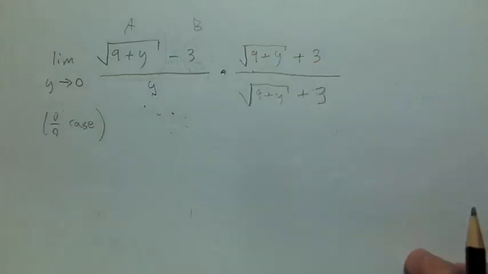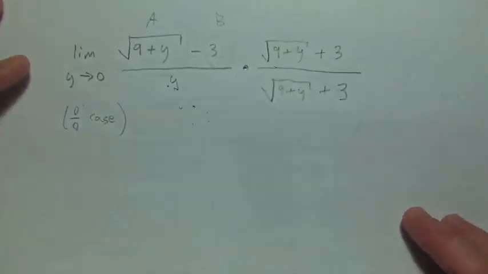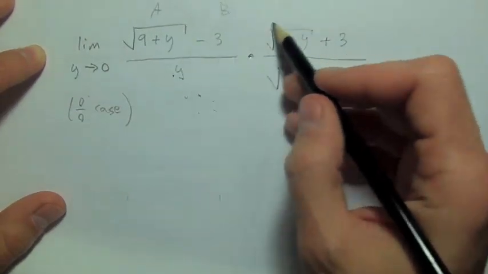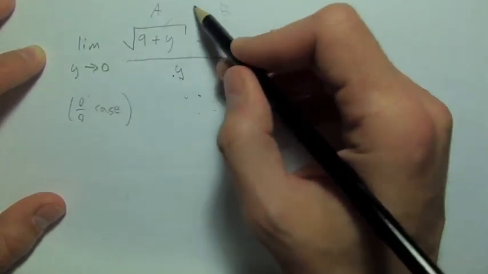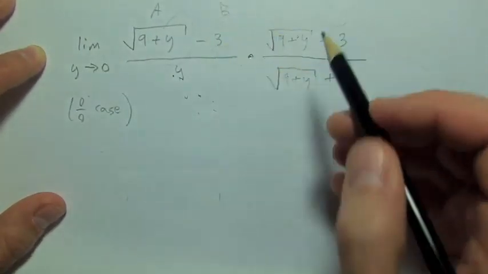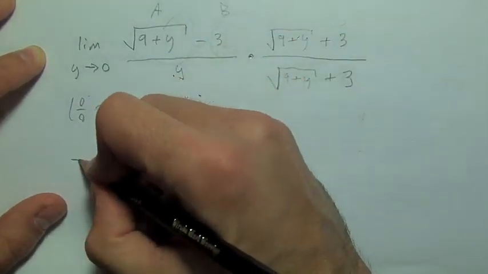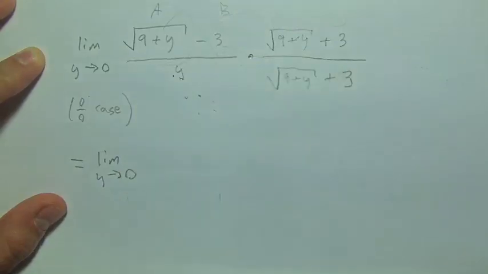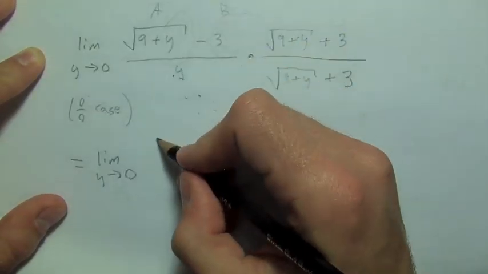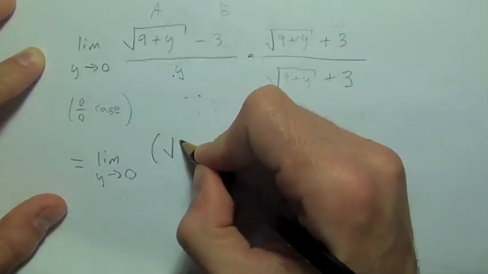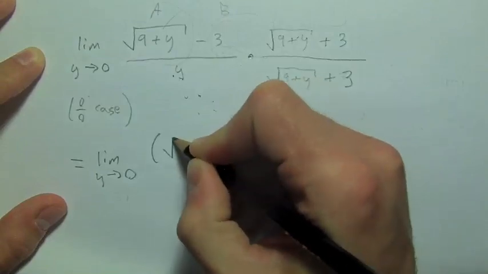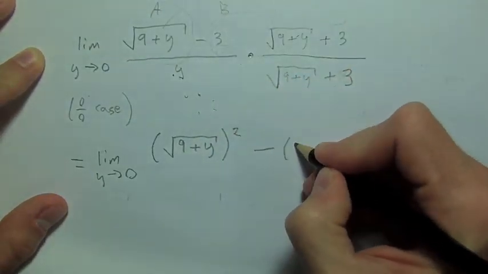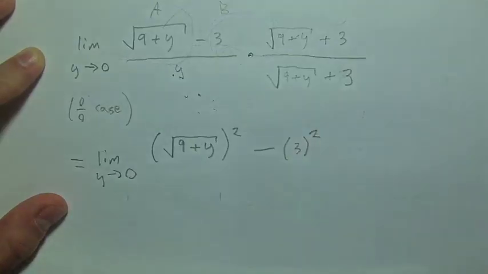And how this helps is, when you FOIL this out, we're not going to FOIL it all the way out. It's just going to end up being the limit as y goes to 0 of a squared. So that's the square root of 9 plus y squared minus b squared. B is 3 in this case.